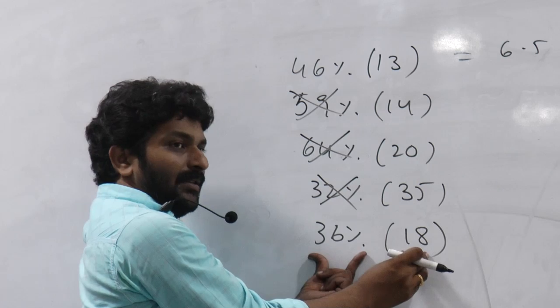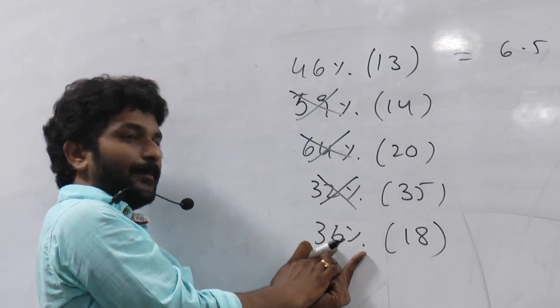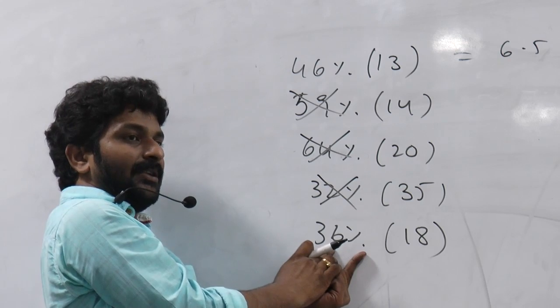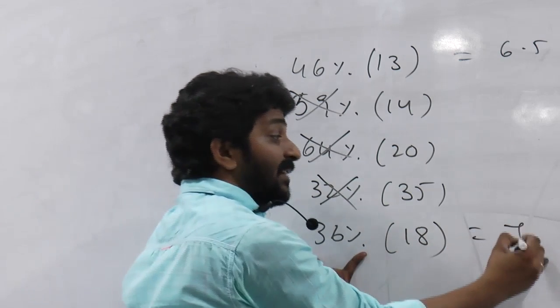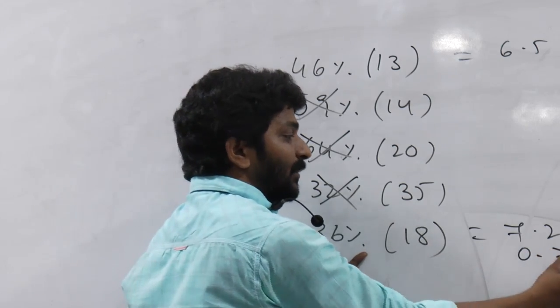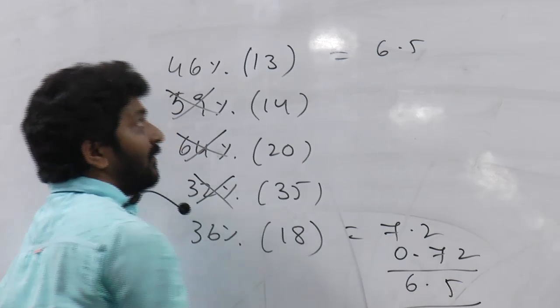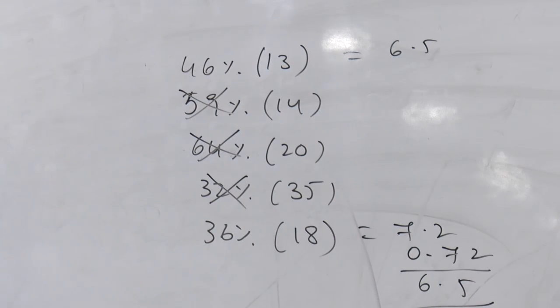36% of this number or 18% of this number. 10% of this number, 3.6. 20%, 7.2. But you need 18% only, which is 0.72 less. Answer is 6.5 somewhere. Oh, so now you need to calculate the exact number here.